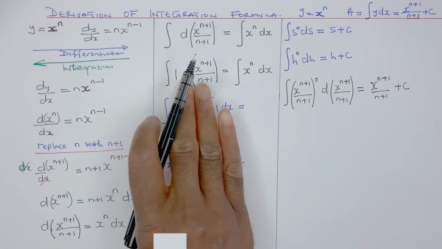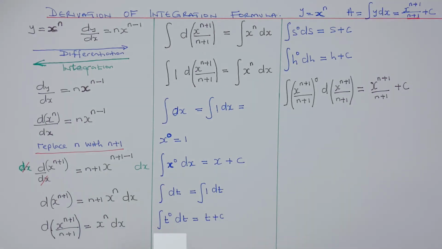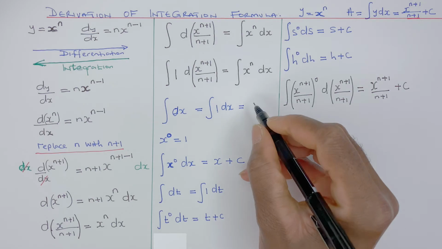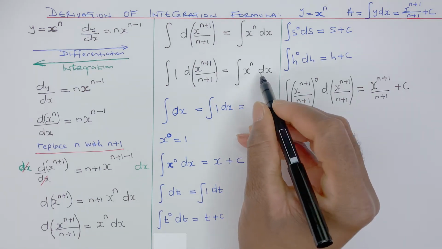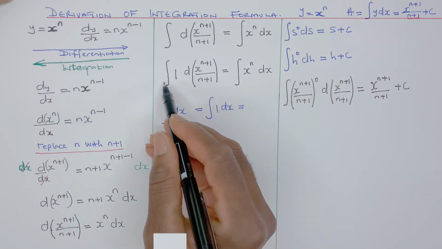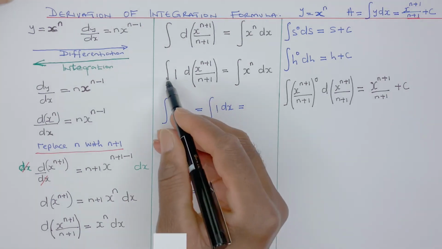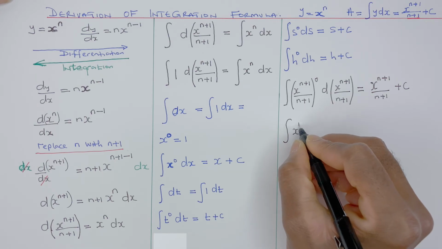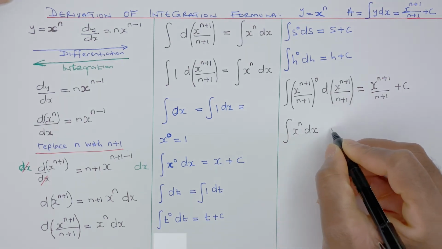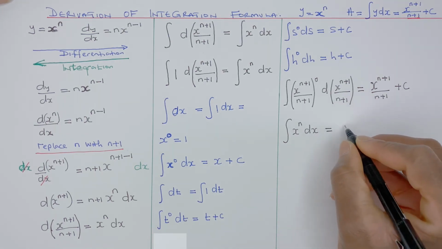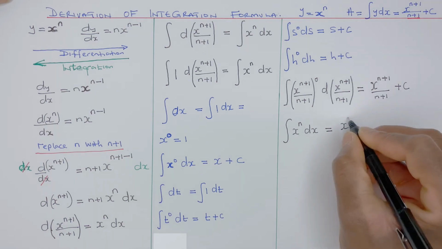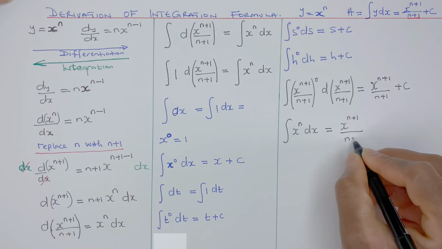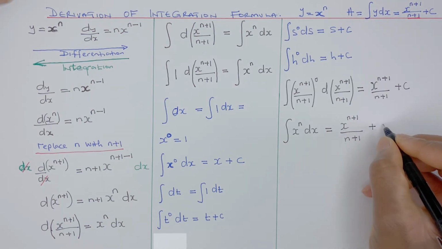But the right-hand side, so therefore, the integral of the right-hand side is equal to the integral of the left-hand side, and the left-hand side is giving me that integral of x to the power of n dx will be equal to x to the power n plus 1 over n plus 1 plus constant c.